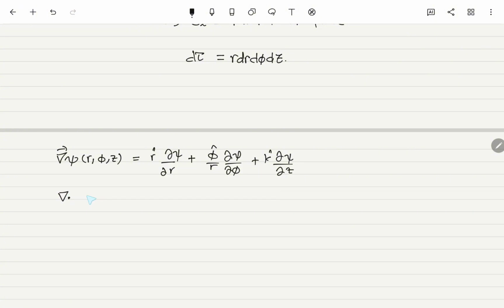Divergence A in cylindrical coordinates is equal to 1 over r, partial of r A r partial r, plus partial A phi partial phi, plus partial A z partial z, like this.